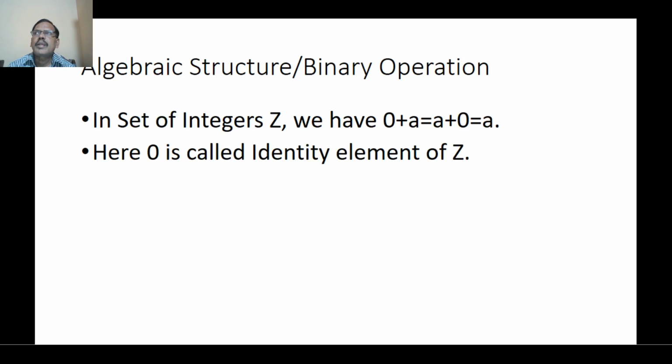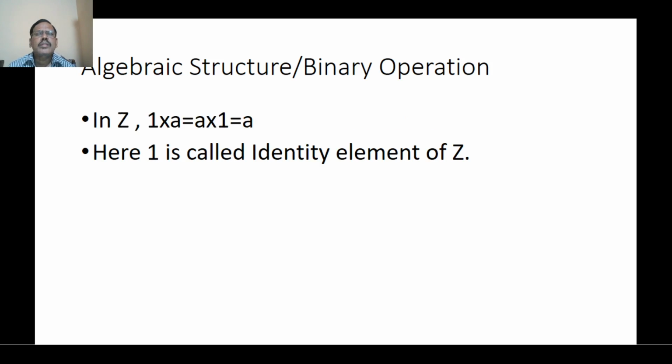So 0 is a peculiar element. You add anything to 0, you get the same thing. Here 0 is called the identity element of Z under the binary operation addition.